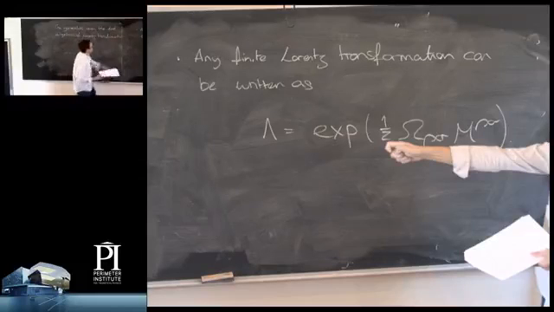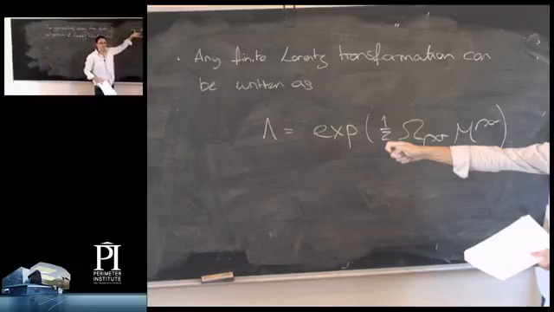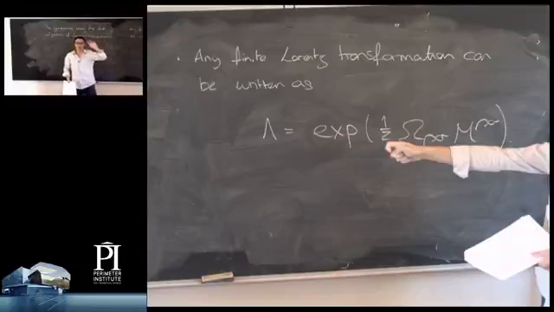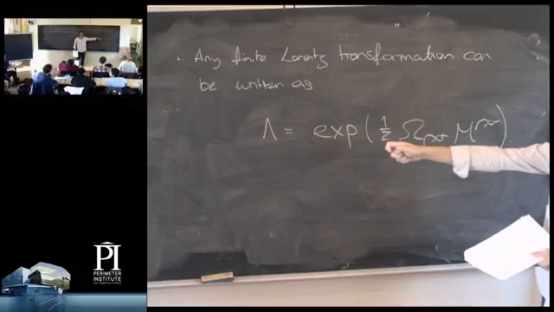Oh, but by the way, this "any" isn't quite right. Strictly speaking, these are Lorentz transformations that are connected to the identity. So there's some, like just doing a parity transformation, doing a reflection, which you can't get this way. So you have to add an extra couple of operations to get the full Lorentz group. We'll come to that later.